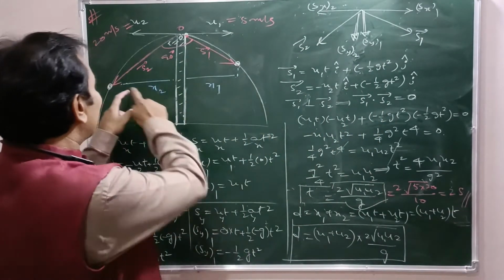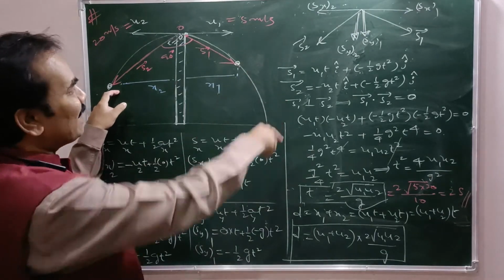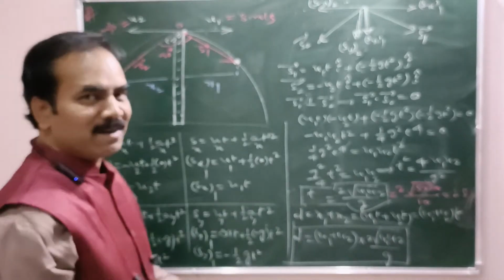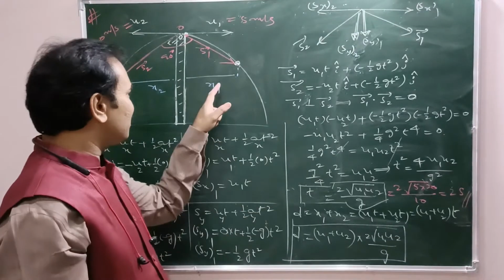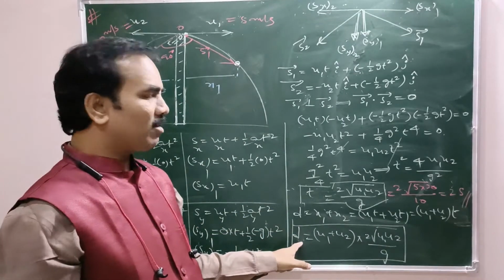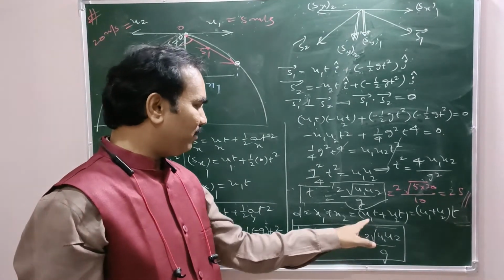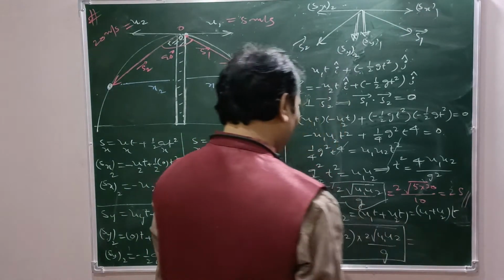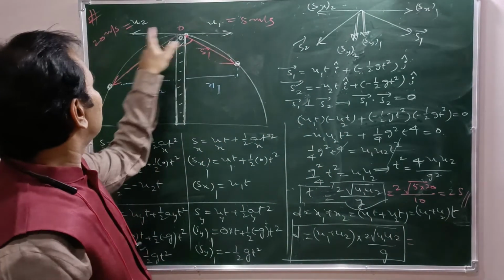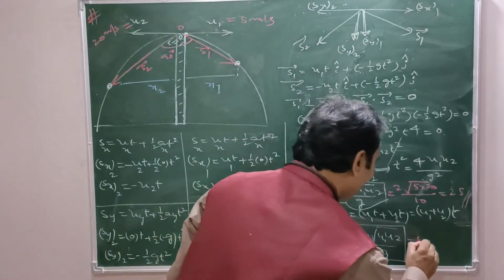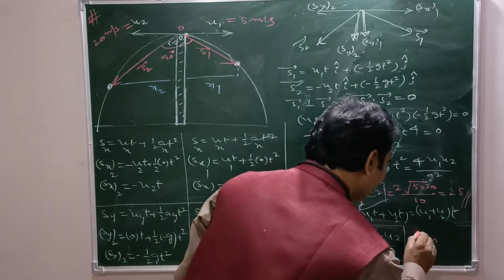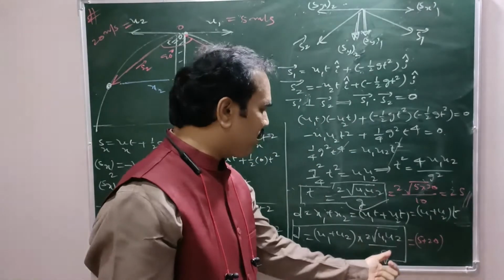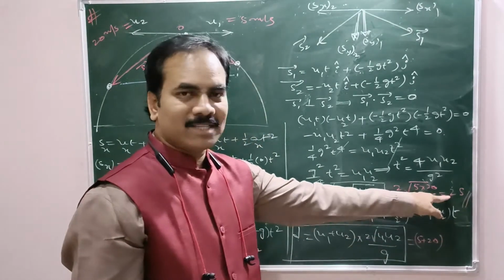Now what is the separation between these two projectiles by that time, when their displacement vectors are perpendicular to each other? That is x1 plus x2. So separation equals (u1 plus u2) into time, that is (5 plus 20) into the time, 2 seconds.